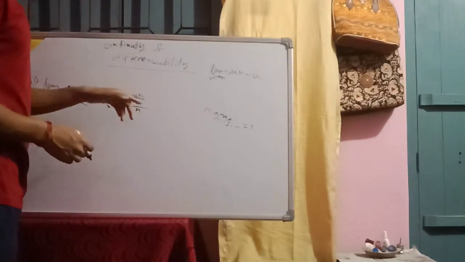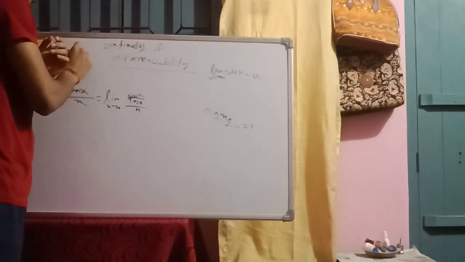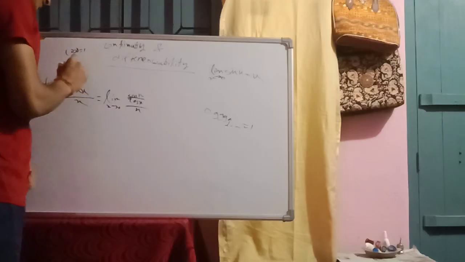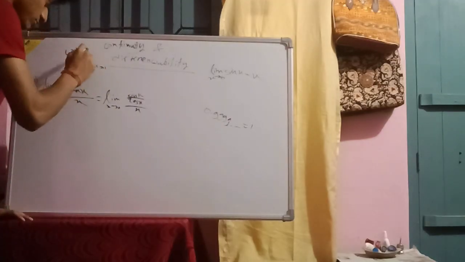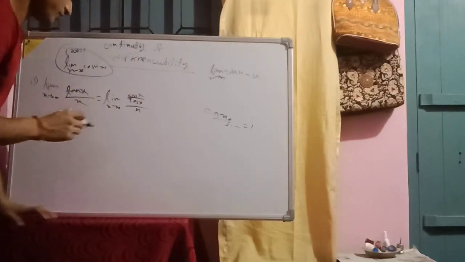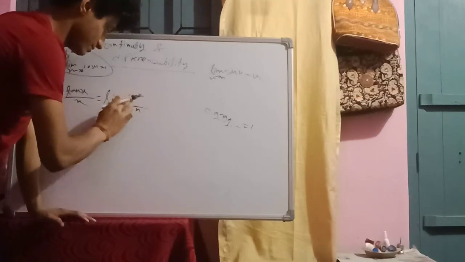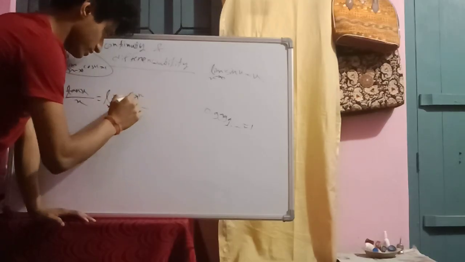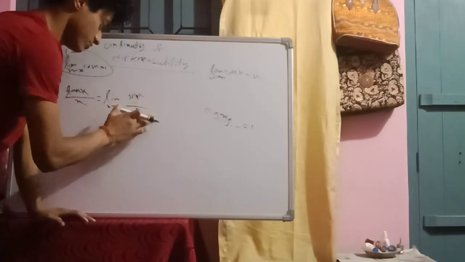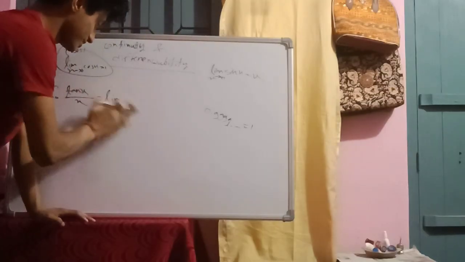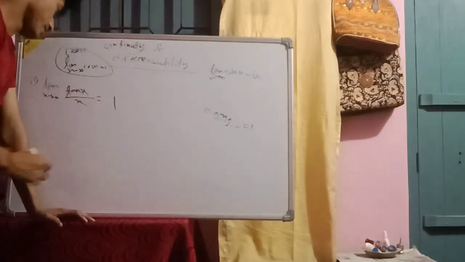Now, as x approaches 0, cos x becomes 1 because you know that cos 0 is 1. So, obviously, limit of x tends to 0 of cos x would also be 1. So this becomes sin of x over 1 over x, and that just becomes sin of x over x, and we know that sin of x over x is 1 from the previous identity itself. So limit of x tends to 0 of tan x over x becomes 1. Okay.